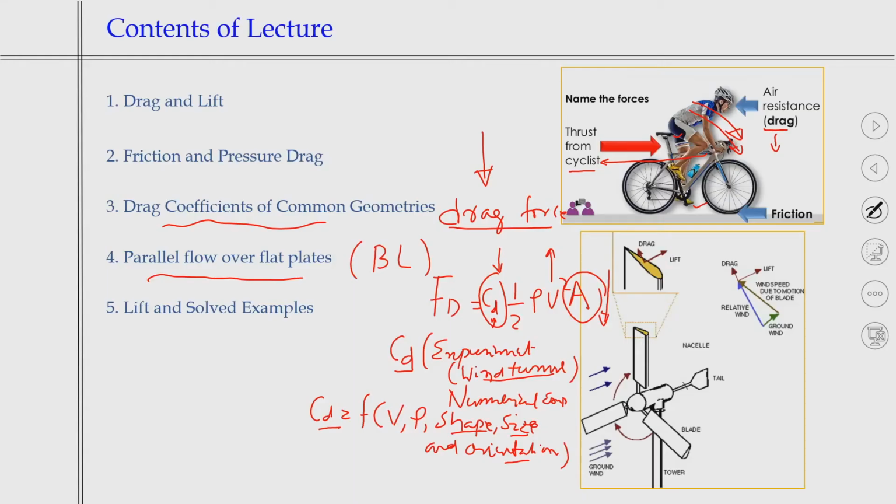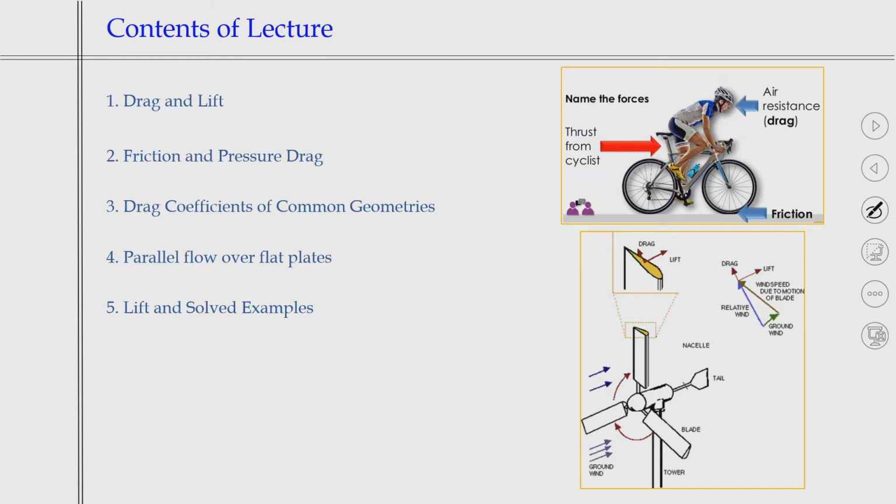A very simple example: in an upright position, just driving like this, the CD value is about 1.1, and if you just bend, the CD goes almost 20% lower.